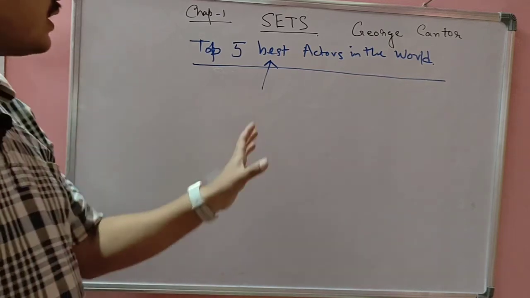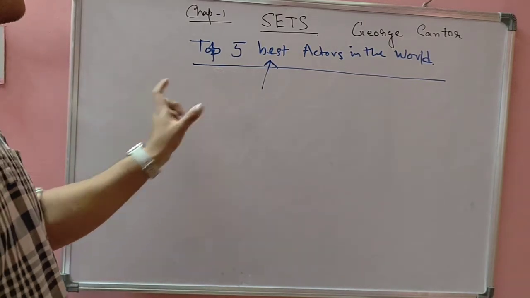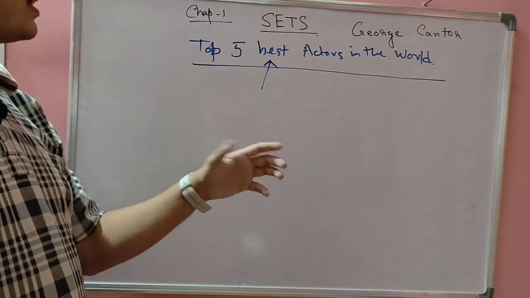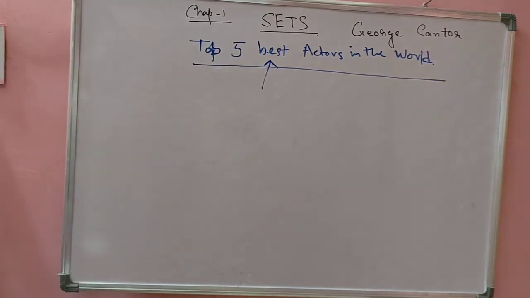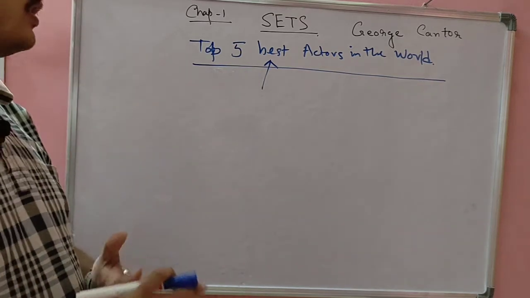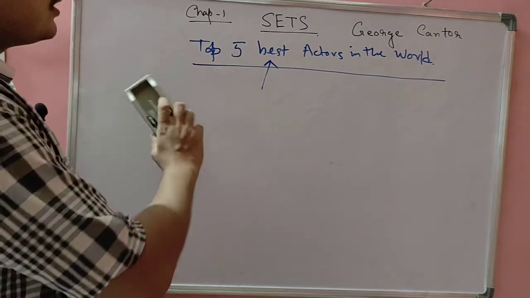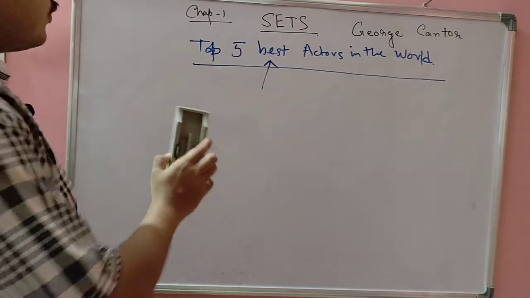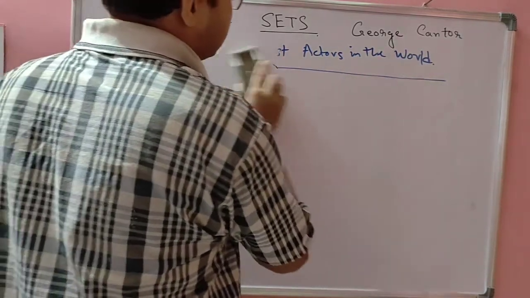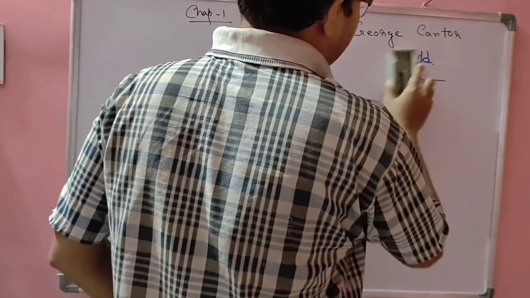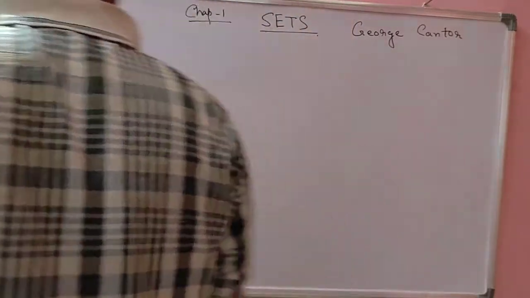Since we haven't decided the criteria, you can name the 5 best actors in the world in a particular manner, because the criteria for different persons will be different. So how will we deal with that? As this is not well defined, it will not be a set. A set is actually a well defined collection of elements.